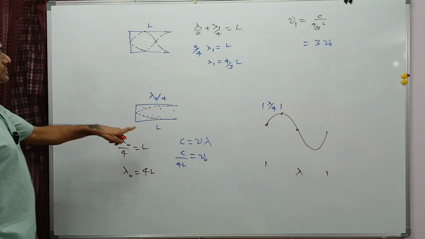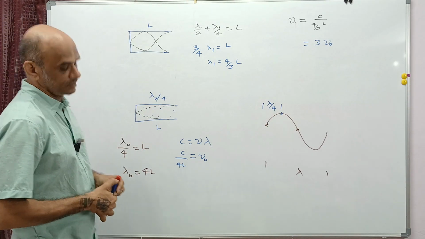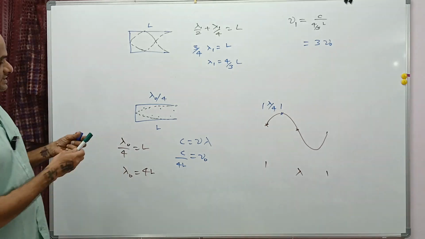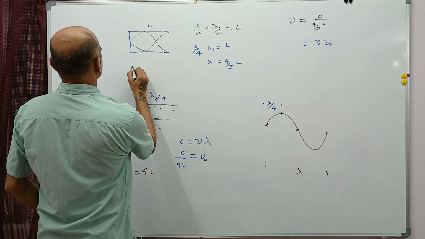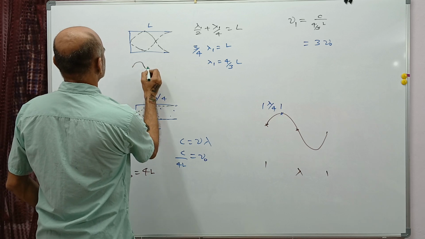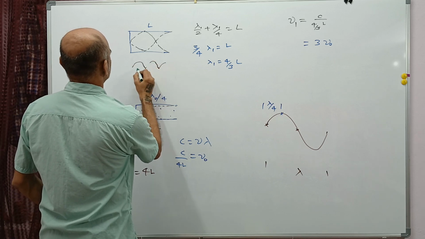So the minimum frequency is mu naught. The next higher frequency will be 3 times mu naught. The next higher mode which can exist in this pipe will be 2 loops and a quarter wavelength. So in this one, there will be 2 loops and then there will be a quarter wavelength.